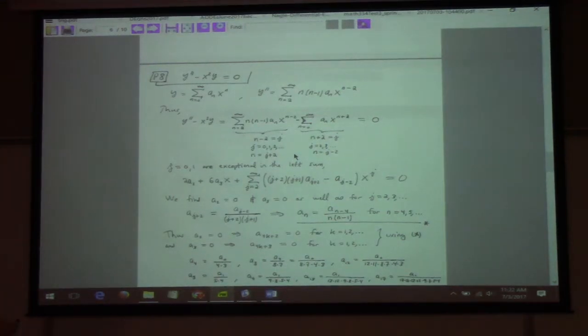So I look at it, y prime prime minus x squared y. So I've got, here's my second derivative. Here's my, I multiply by x squared, so that puts n plus 2. So I meet in the middle, I make n minus 2 bj, I make n plus 2 bj, which converts the n times n minus 1 to a j plus 1 times j plus 2 over here.